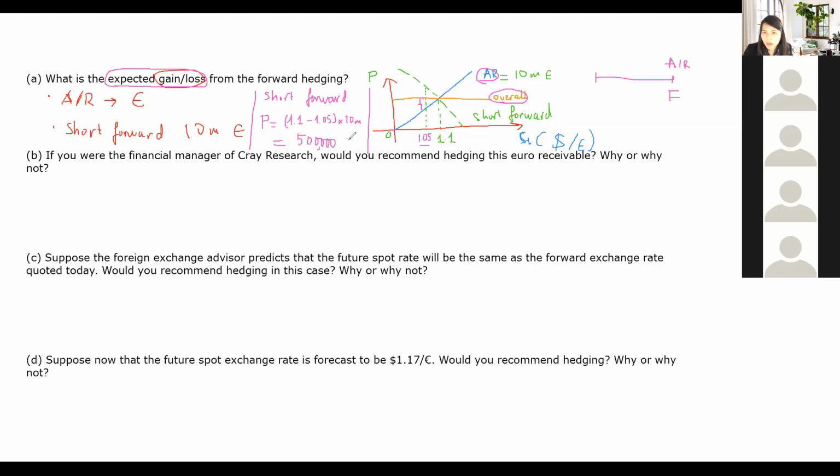So the amount that I expect to gain from the forward hedging is going to be $500,000. Okay.